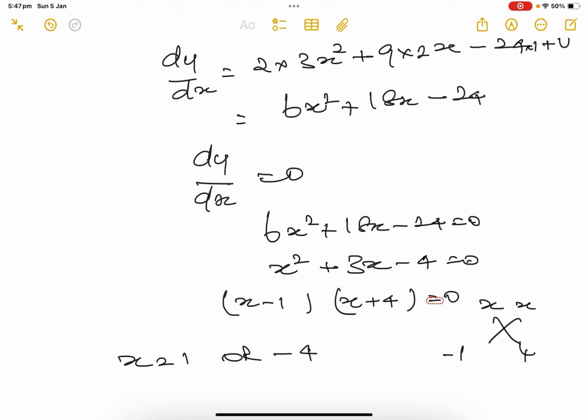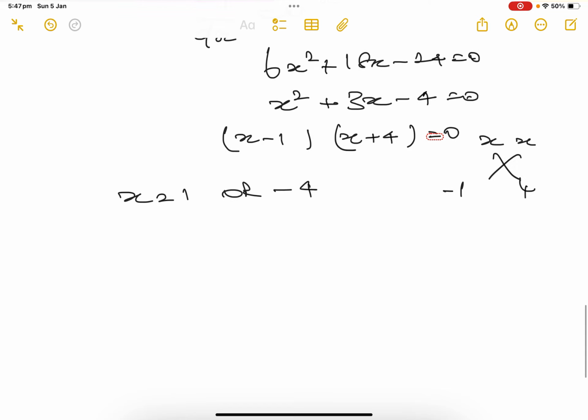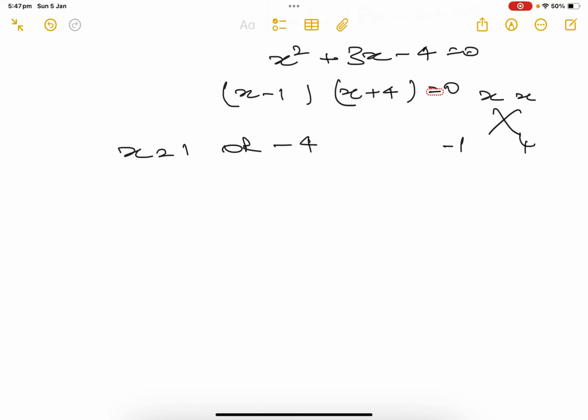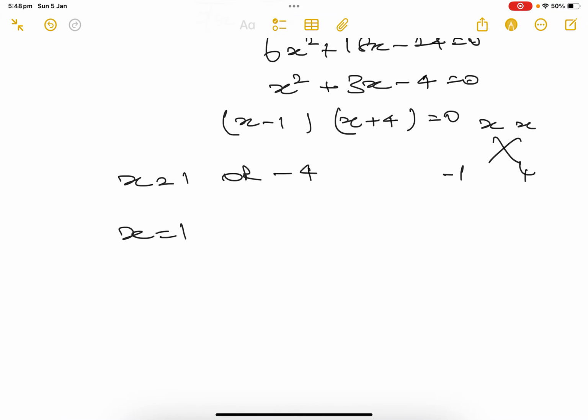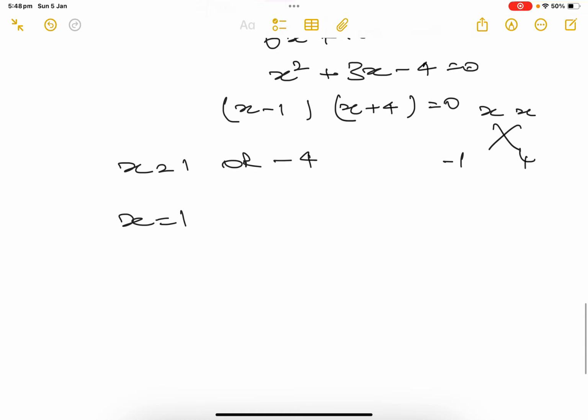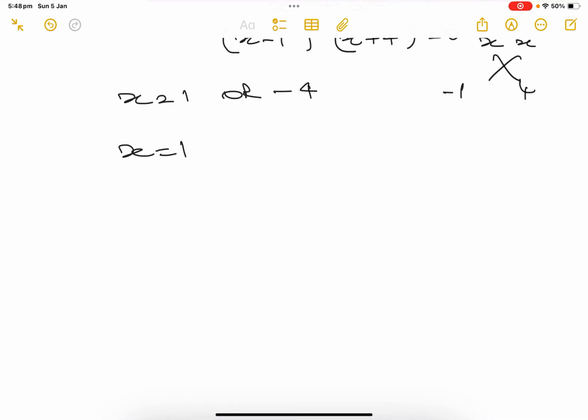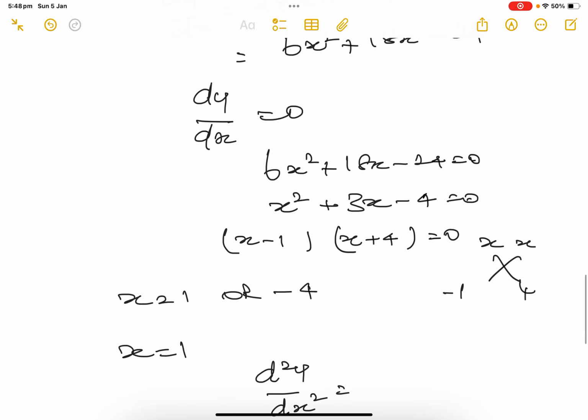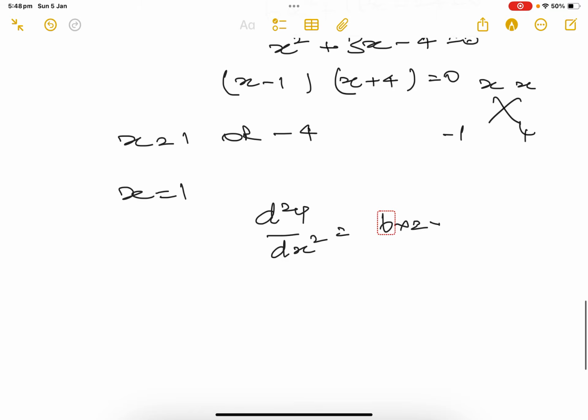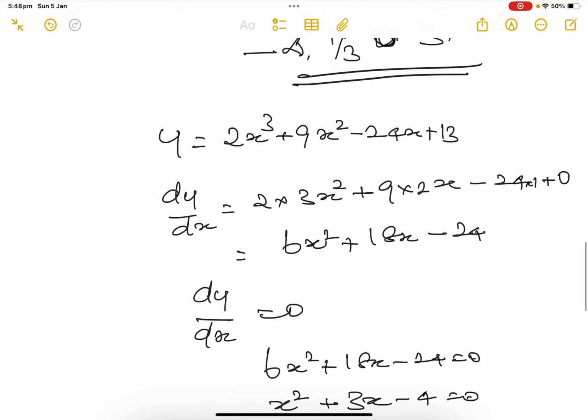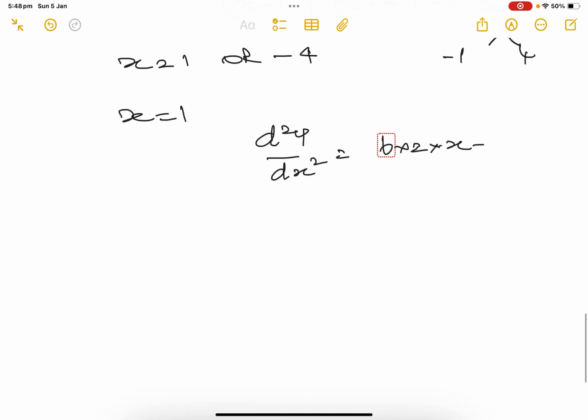Two values. So we need to find the right value for the local maximum. We don't know which one is the local maximum. So let's start with x equal 1. To find whether it is a maximum or minimum, we need to go into the second order differentiation, then find the sign of that. d2y over dx squared equal 6 times 2 times x, that is 12x plus 18.